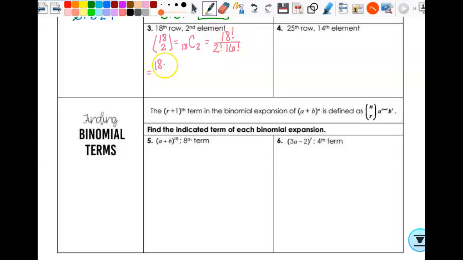So I'll have 18 times 17 times 16 factorial over 2 times 1 times 16 factorial. So then I can cancel out the 16 factorials. 18 divided by 2 is 9. So then I just have 9 times 17.